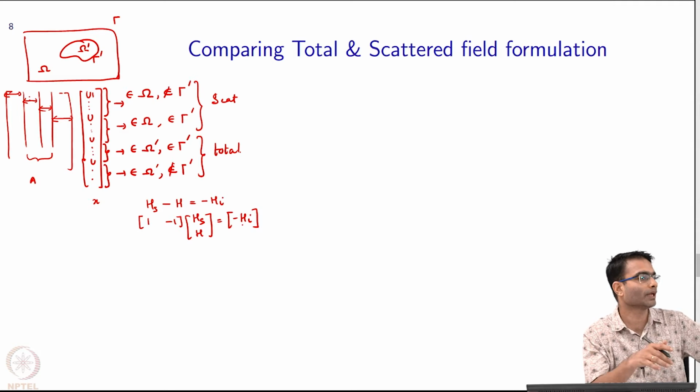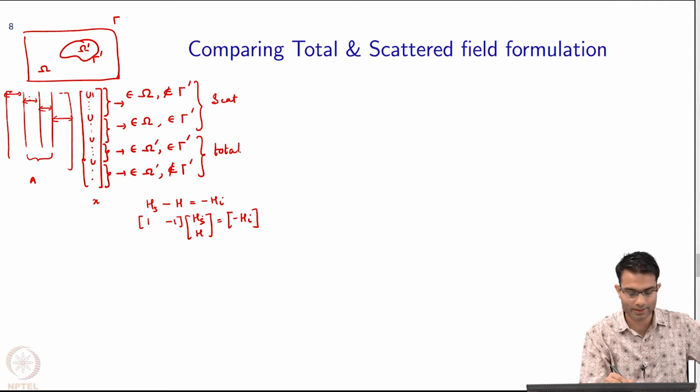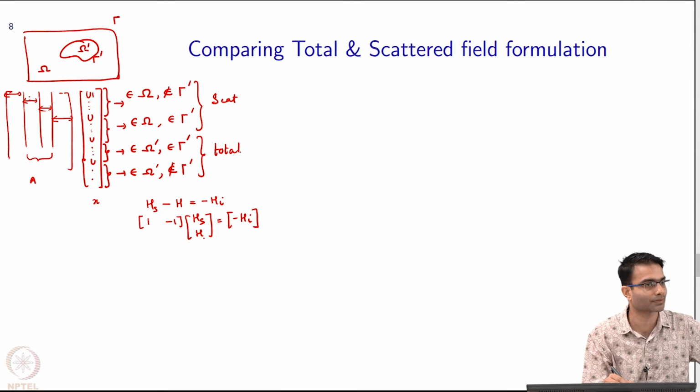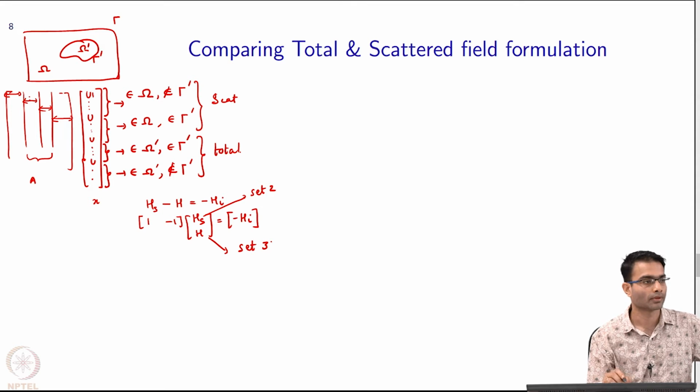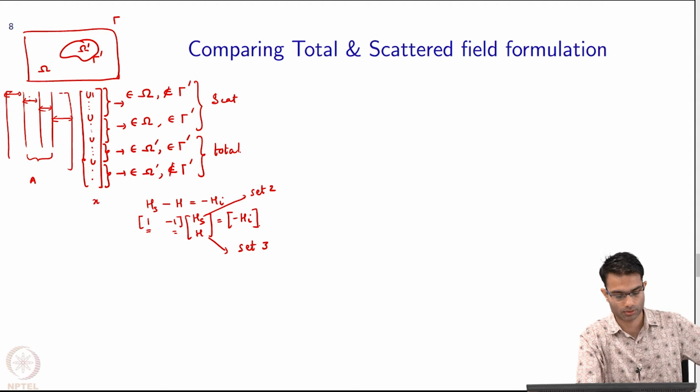So very nice way to link up the H's, right. So here you can see Hs is H scattered, that is one of the variables, H is H total, that is one of the variables. So this guy is going to come from set 2, this guy is going to come from set 3, and correspondingly their coefficients are simply 1 and minus 1, and they give me a minus Hi. No, we have to construct it.